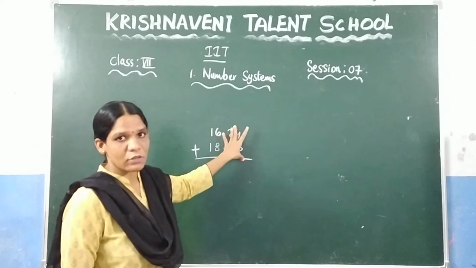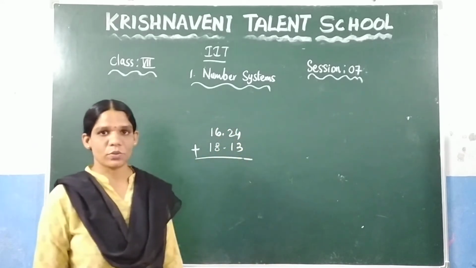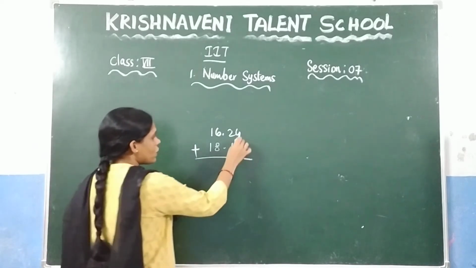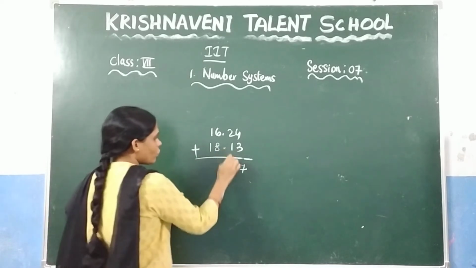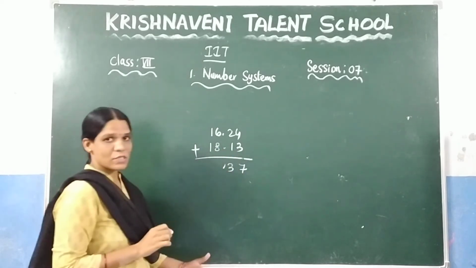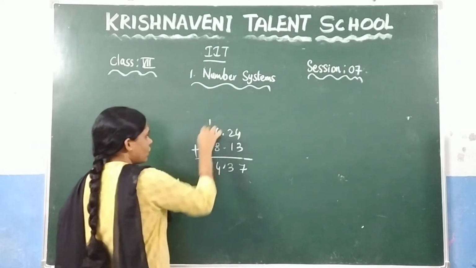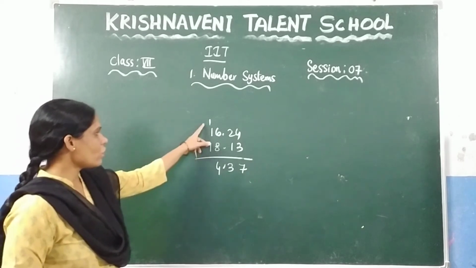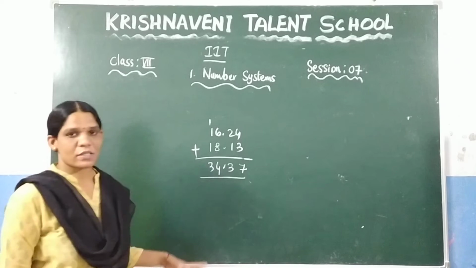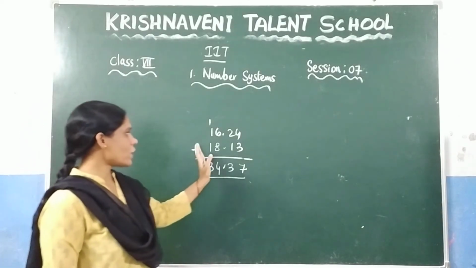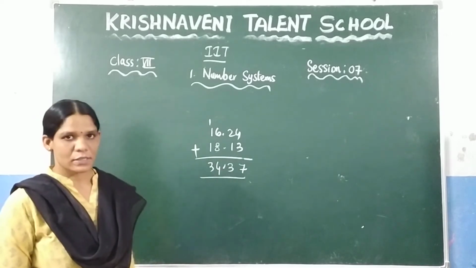The numbers on the right side are 24 and 13, so you add those first. 4 plus 3 is 7, and 2 plus 1 is 3. Here 6 plus 8 is 14, carry 1, and 1 plus 1 plus 1 is 3. Just normal addition. First add this side and after that go to this side. Like this you need to add two decimal numbers.